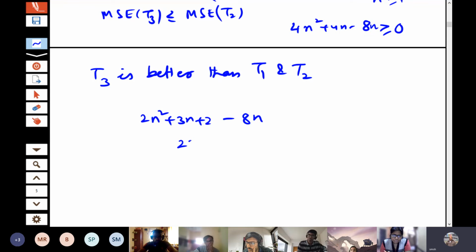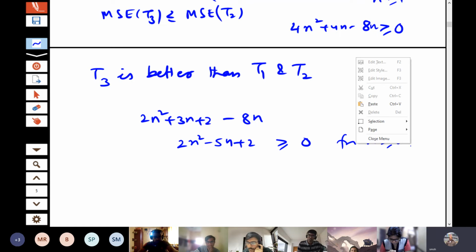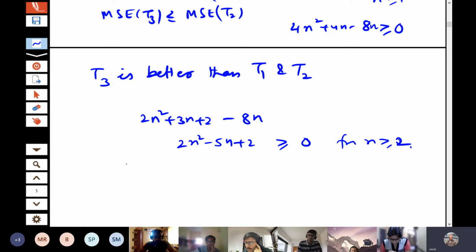So 2n square minus 5n plus 2. So again it is greater than or equal to 0 here, of course except at n is equal to 1. So we can put n greater than or equal to 2 here. Okay. So T2 is better than T1.